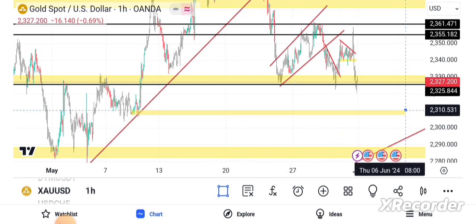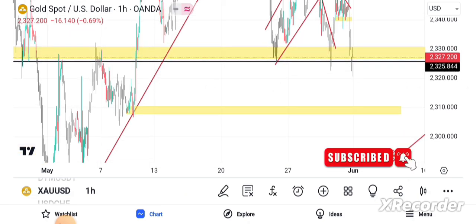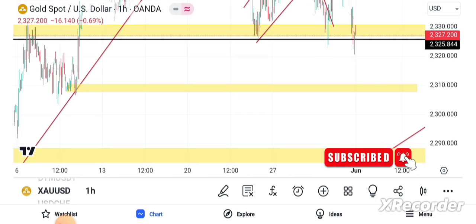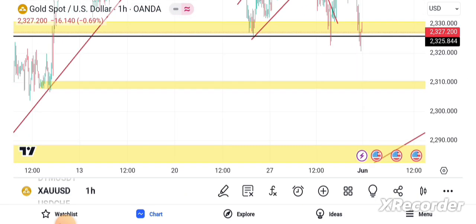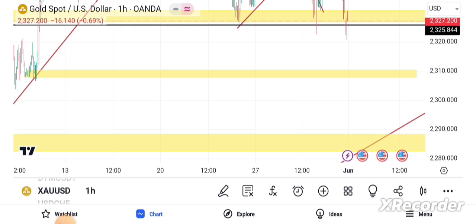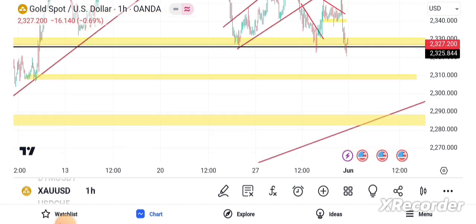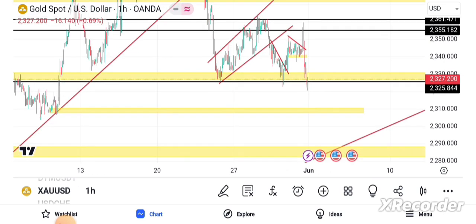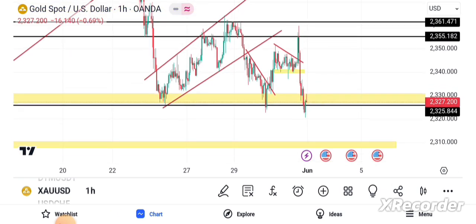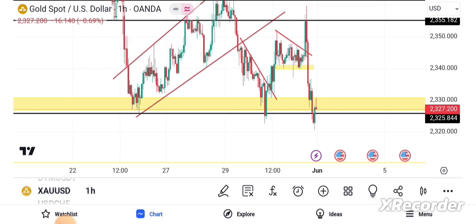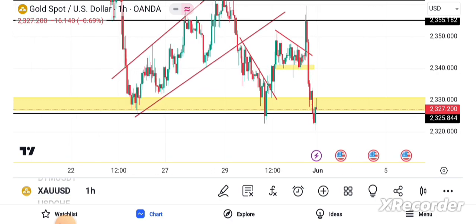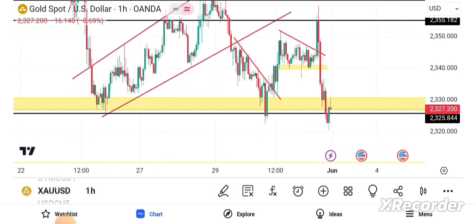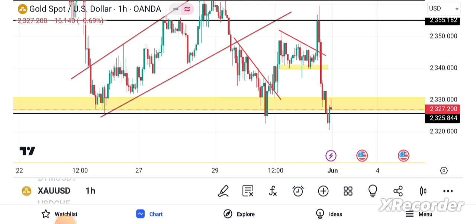Then if price gets to this zone, we'll wait for a full breakout and look for a next take profit point all the way down to this point. For now, this is what we're looking at, fingers crossed, because price has already gotten to a support level. So wait for price to give us a better entry.